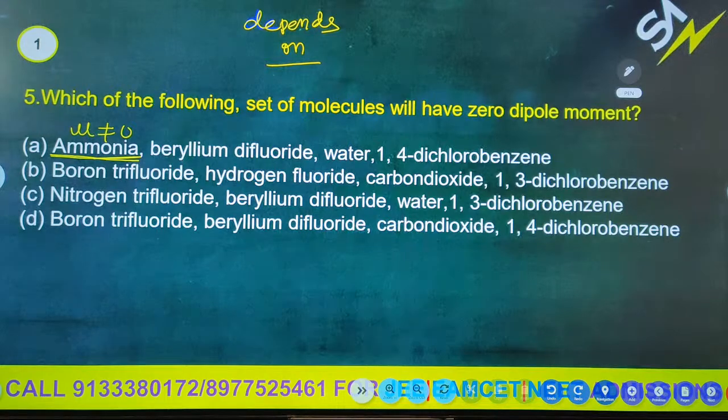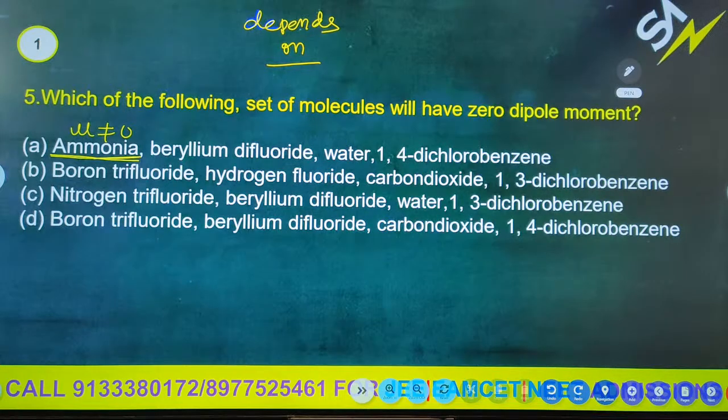Now second: boron trifluoride, hydrogen fluoride, carbon dioxide and 1,3 dichlorobenzene.